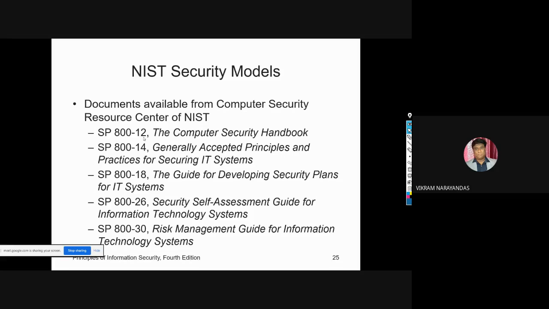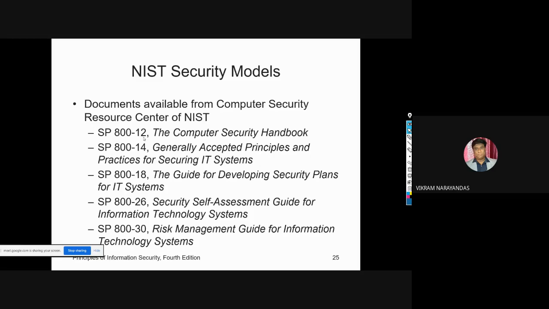These NIST documents are generally publicly available, no charge to read, and broadly reviewed by the government and industry professionals.